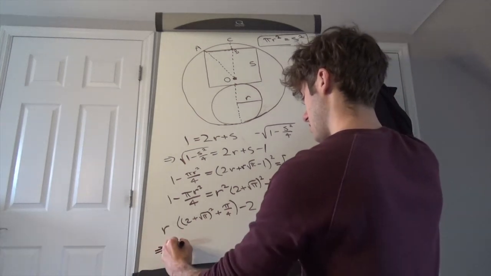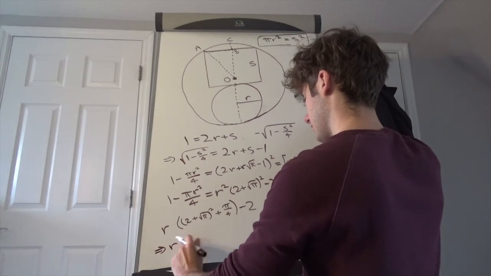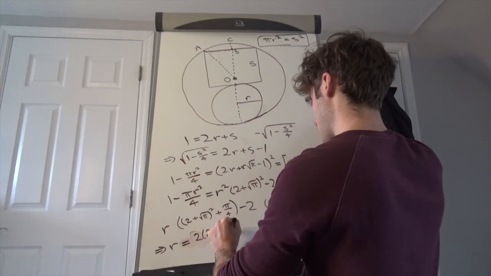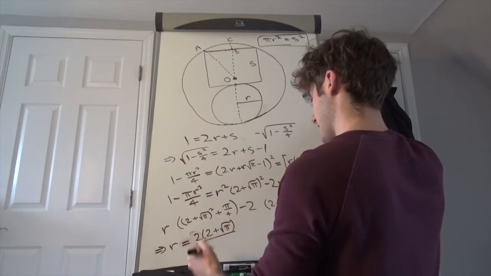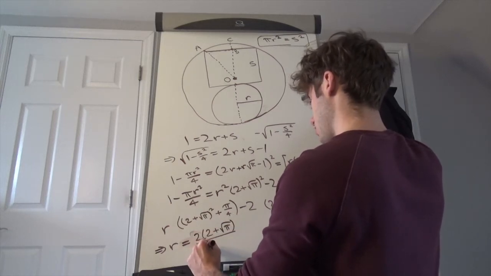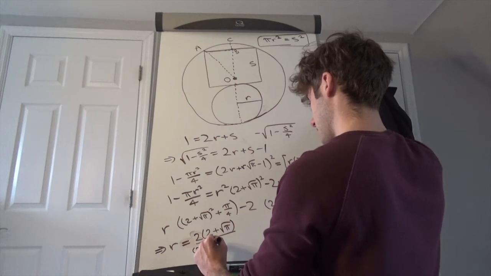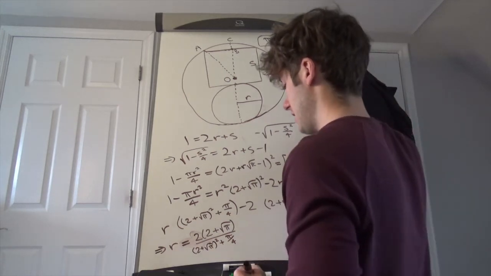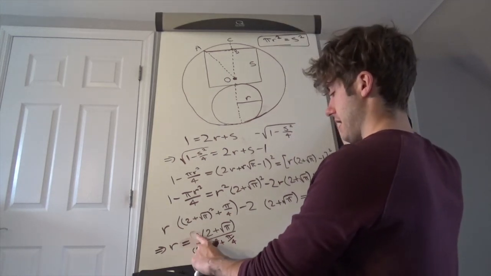So we get r equals 2 times 2 plus the square root of pi over this. So we get 2 plus root pi squared plus pi over 4. Now we can multiply the top and bottom by 4.